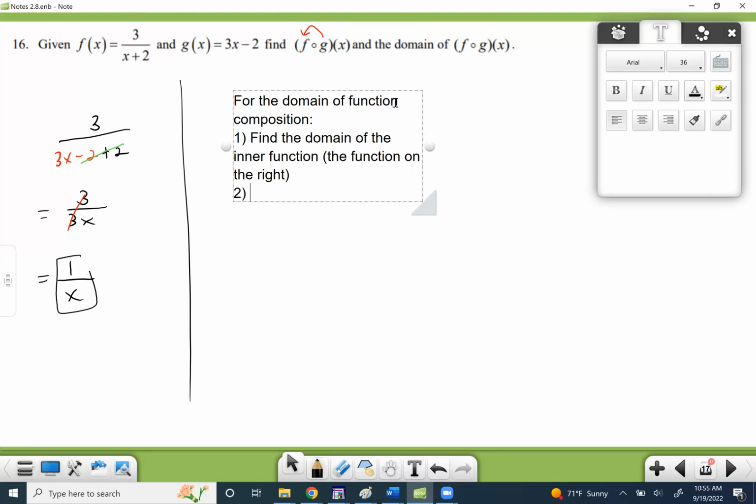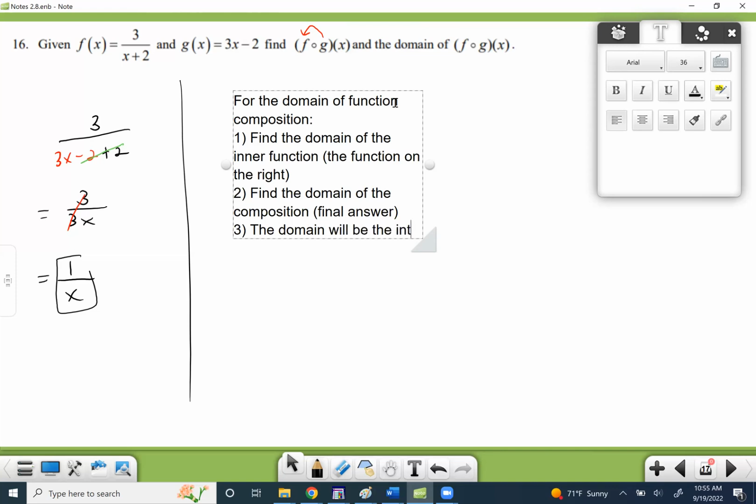And then number 2, find the domain of the answer of the composition. Find the domain of the composition, aka your final answer. The domain will be the intersection of the 2.